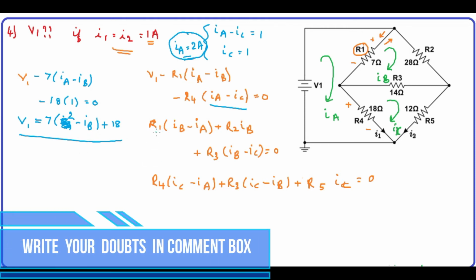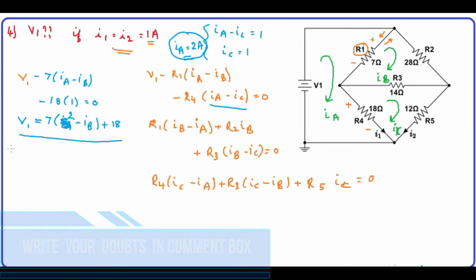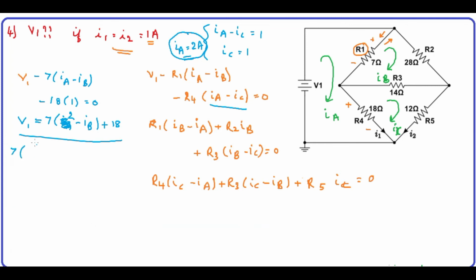So what is R1? R1 is 7 into IB minus 2, plus R2. R2 is 28 into IB, plus R3. R3 is 14 into IB minus IC, where IC is 1, is equal to 0.